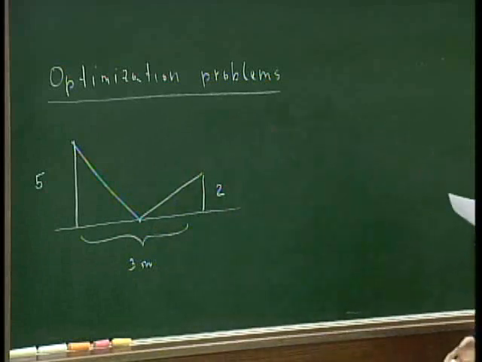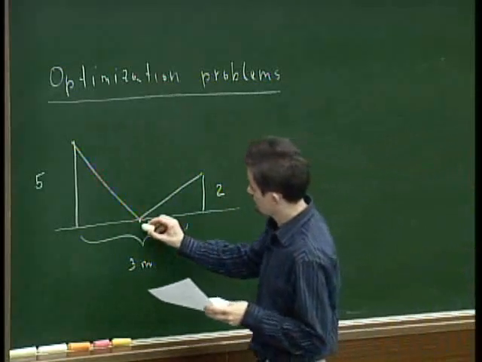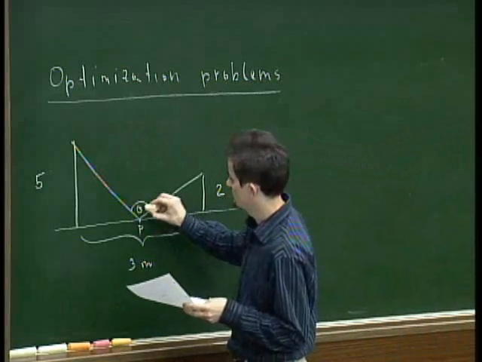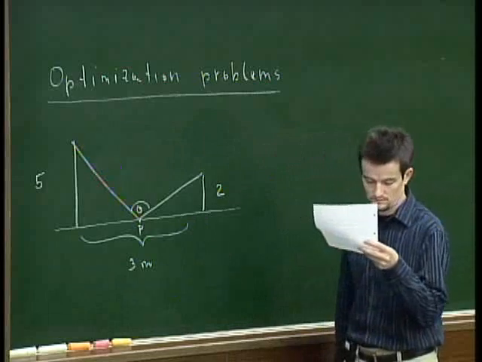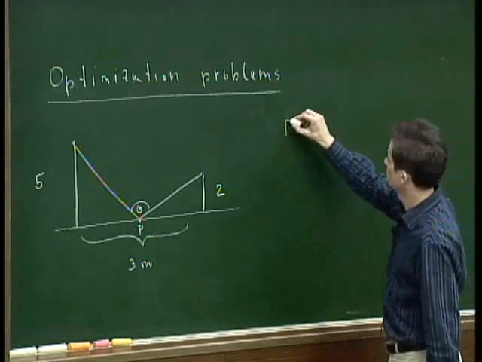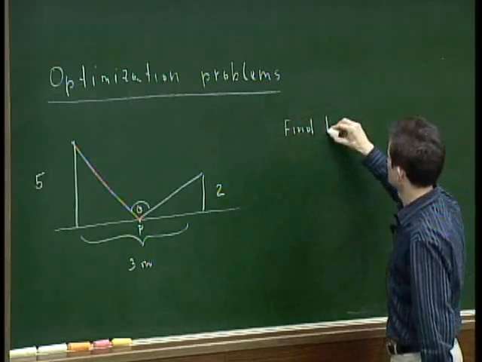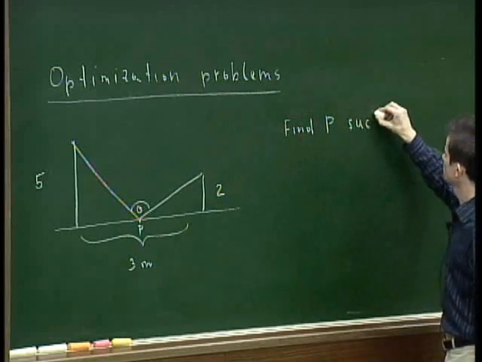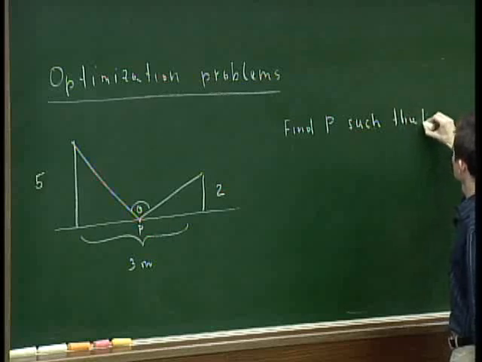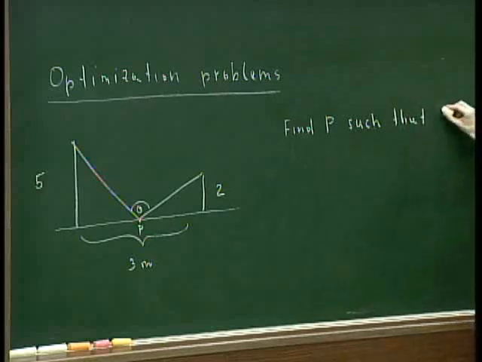Okay, and what we are interested in is finding the point P such that this angle here is getting maximal. Okay, so find P such that theta is maximal.